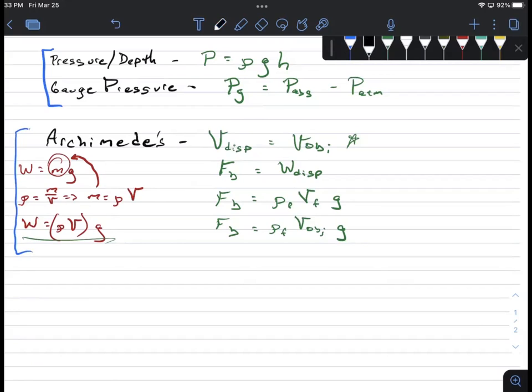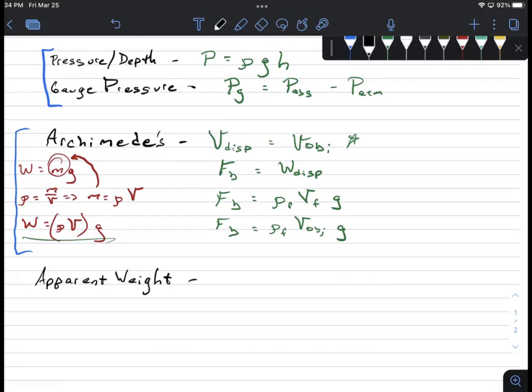Then there were some extra little things that go along with it. First of all, there's something I used just now, which is apparent weight. Apparent weight just means when you place an object in a fluid and you go measure how heavy it feels, it won't be its true weight.